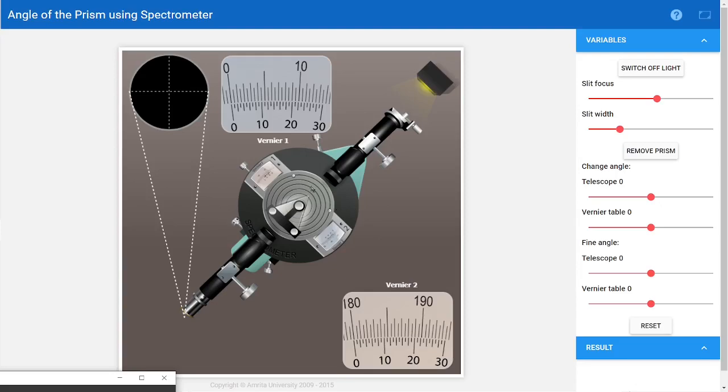Now we have moved the Vernier table so that it can be adjusted to 0 position for Vernier 1 and 180 position with 0 for Vernier 2, and we have placed the prism here, and there is another option, that's called remove prism. We can remove the prism.